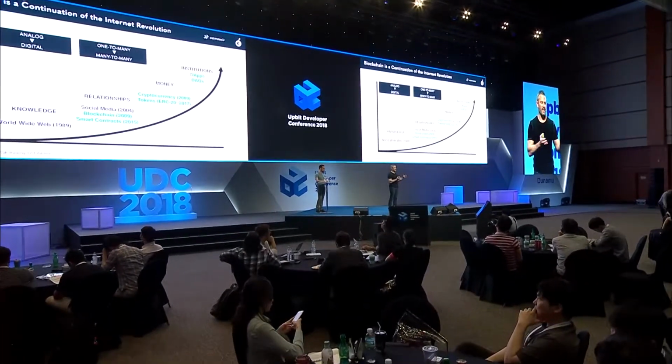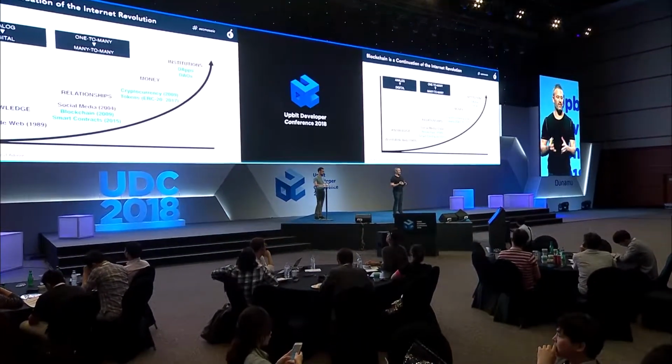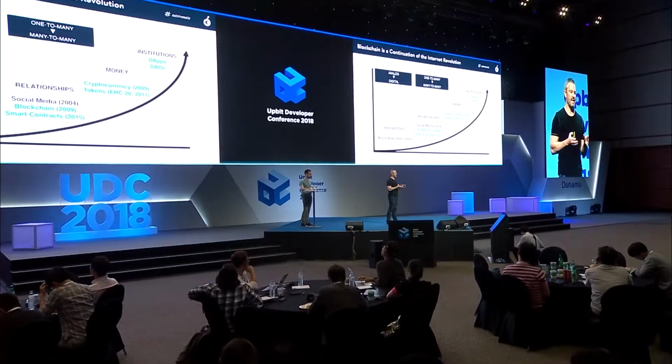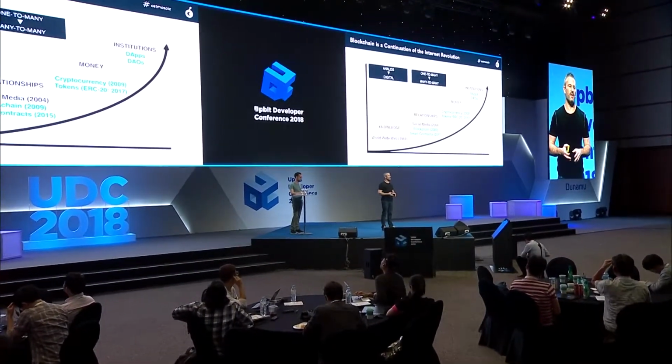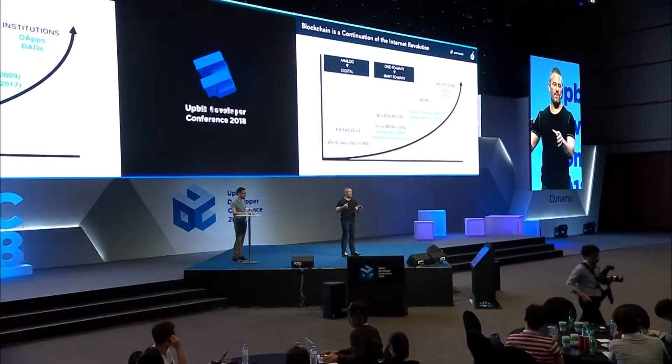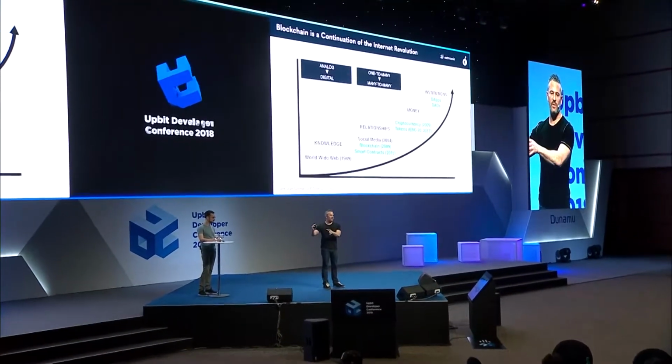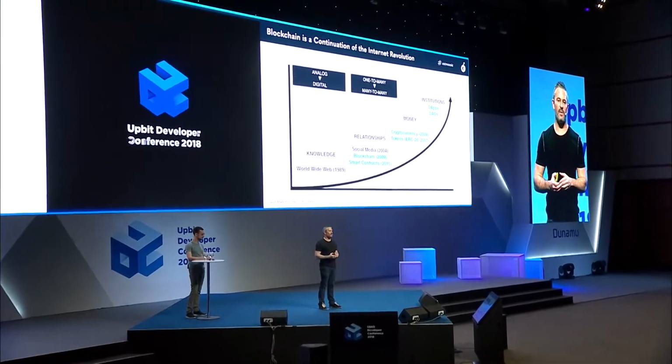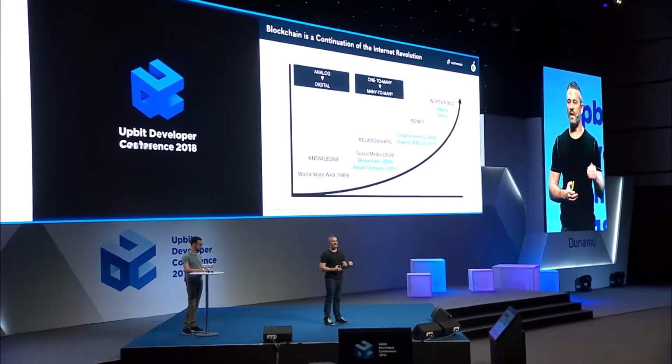We see it as basically a continuation of what started in 1989 with the World Wide Web, moving from knowledge and relationships, and the next things will be money and institutions being reinvented as we go from analog to digital, from one to many to many to many, and really start to impact money and institutions. And we're still very early in this cycle.